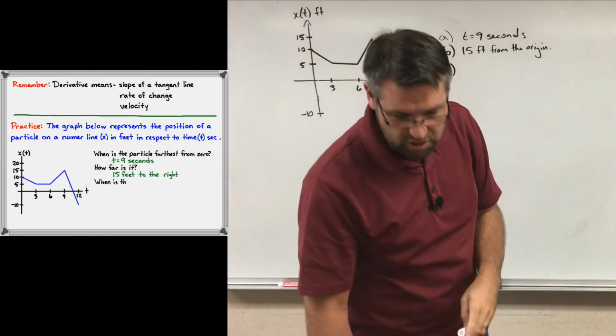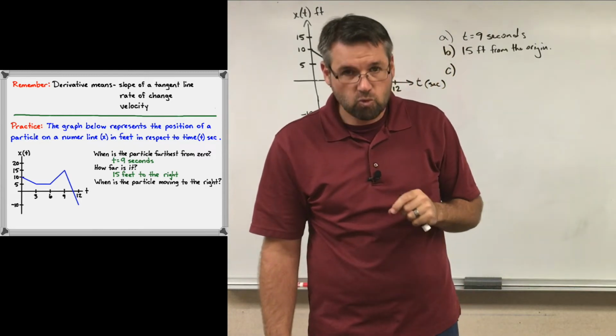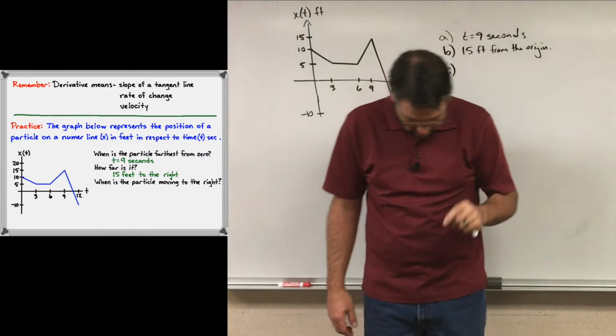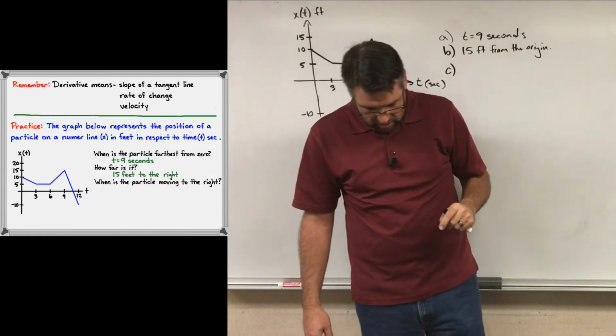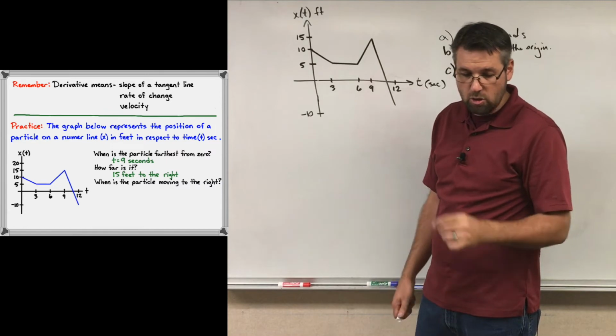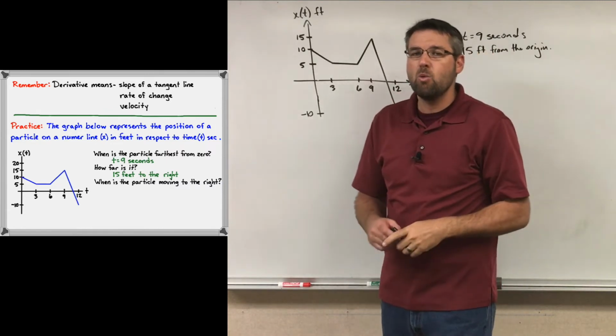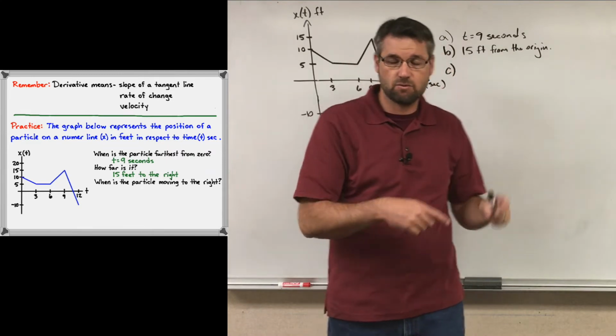Okay. Next question, when is the particle moving to the right? Now, this is going to be a big concept in future lessons here. The particle is moving to the right when it's moving in the positive direction.